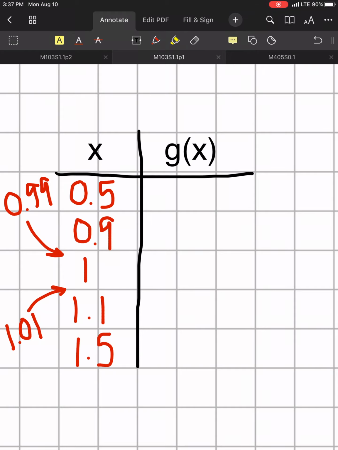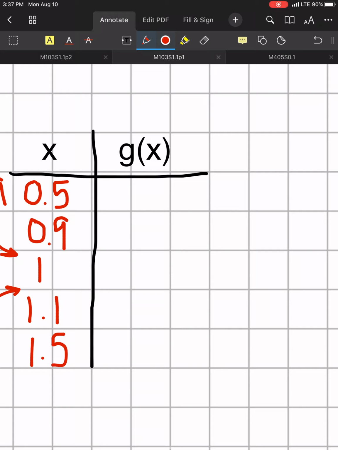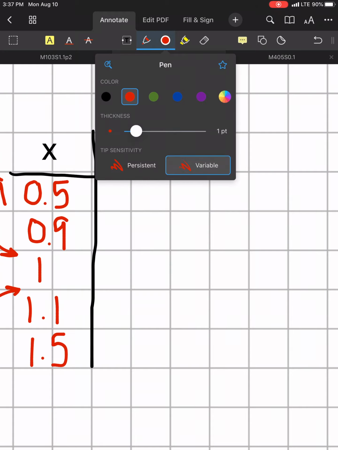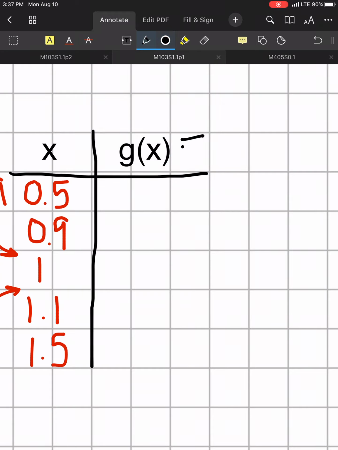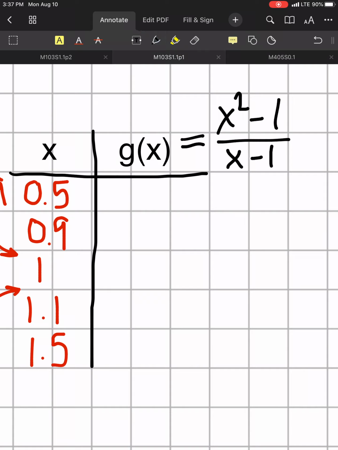Now here, if you remember, our formula for g was x squared minus 1 over x minus 1. Now, there are certain things we could do to this. I'm not going to go over them. There are certain algebra things we could do to simplify this. I'm not going to worry so much about that right now, but let's go ahead and find out what these values work out to be.